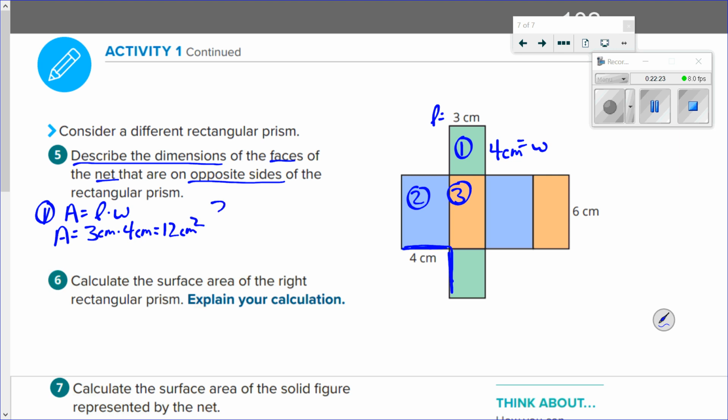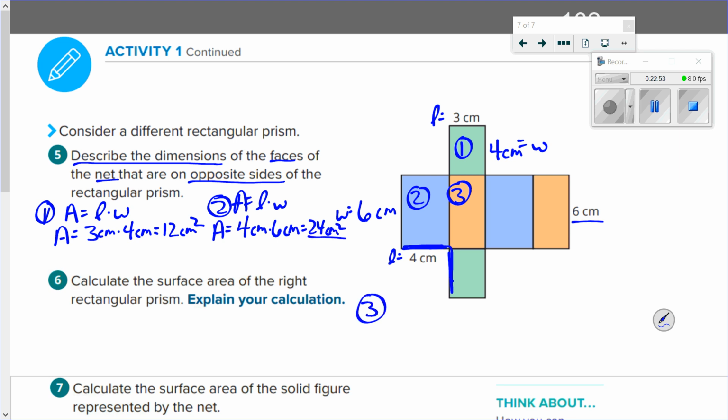For our second shape, the blue, this one's a little easier because they gave me the 4 here, and I've got the 6 going all the way across. My length is 4, my width is 6, giving an area of 4 centimeters times 6 centimeters, or 24 centimeters squared.